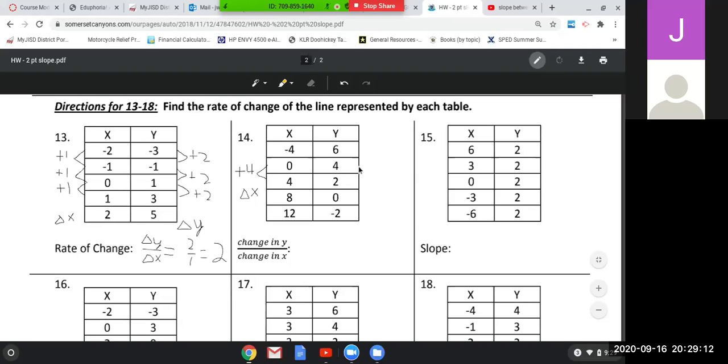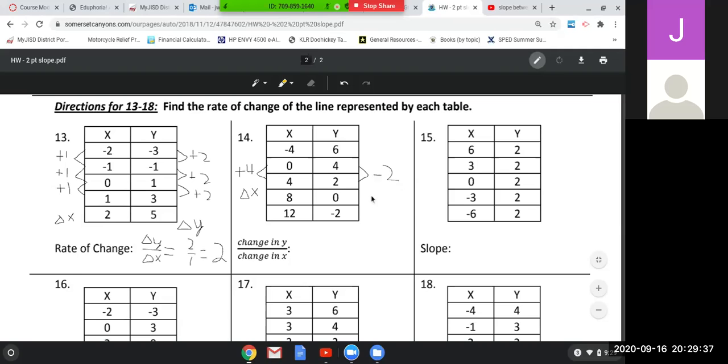So going from 4 to 2, that's a change of 2, but it decreased by 2. Instead of adding 2 to 4, we had to subtract. Now, we always have to go in the same direction. Since I'm going down this way, I've got to go down the table.